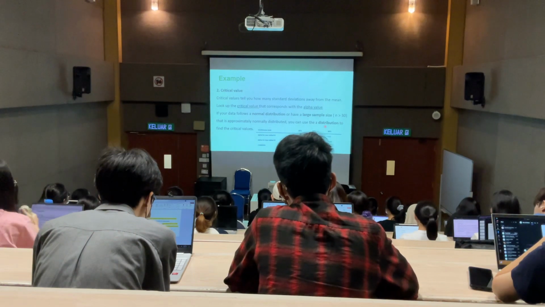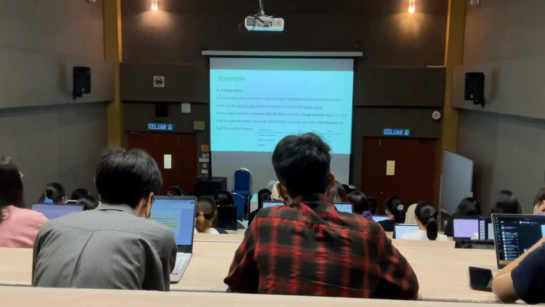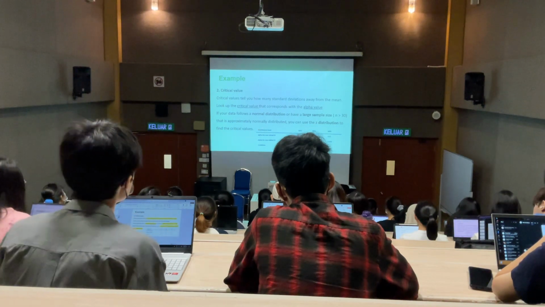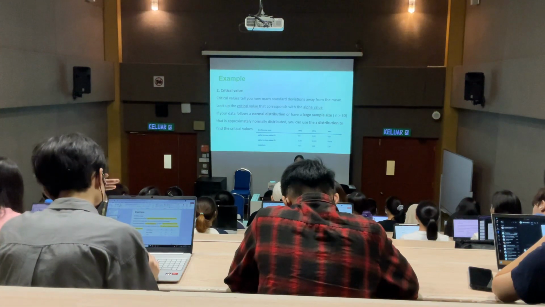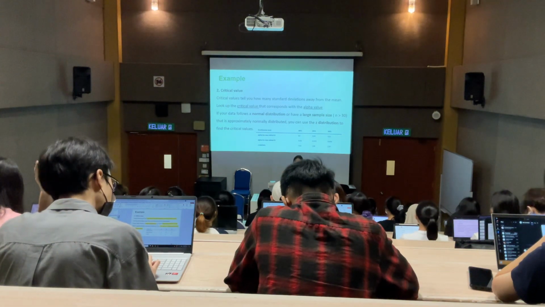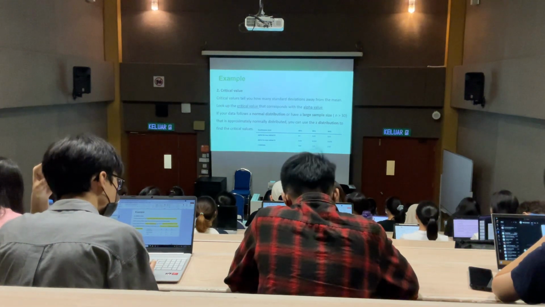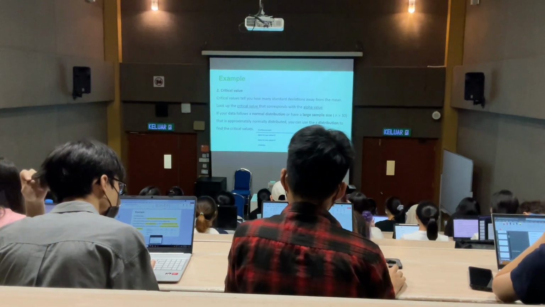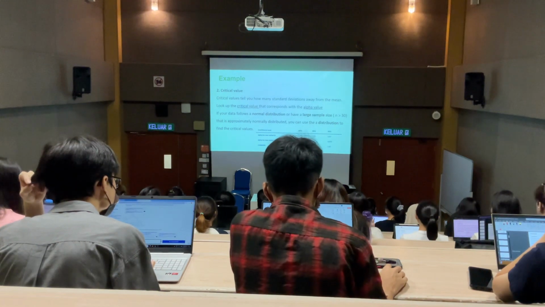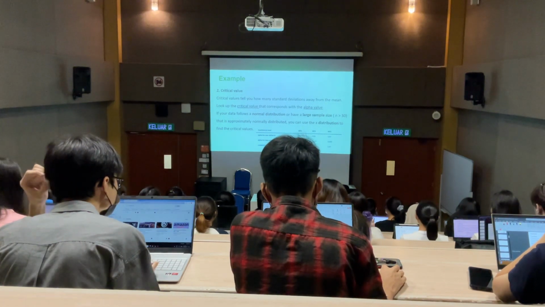So for a z-test, for you to determine the critical value is very easy. You just need to refer the standard table here. The value is already fixed. But let's say in the next few lessons, we will learn about t-test, ANOVA, and chi-square test, all these tests. This is not the same. You need to calculate your own critical value. But now we'll focus on the z-test first.